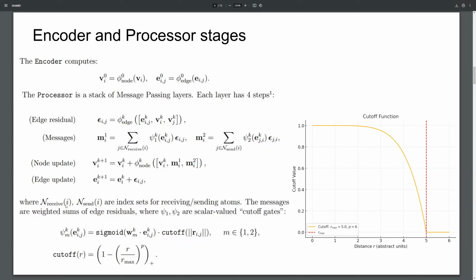Yaroslav, could you tell us once again what the importance of passing two different messages is? Yeah, in general, it's because those sets of which atoms send messages to you and which atoms you send messages to are not necessarily the same.